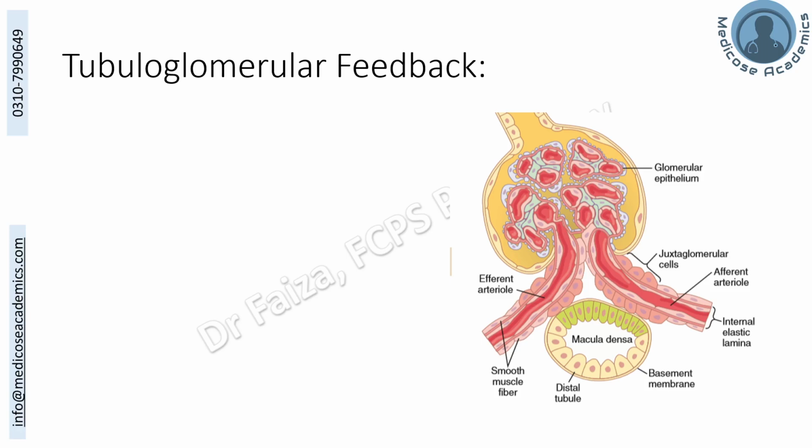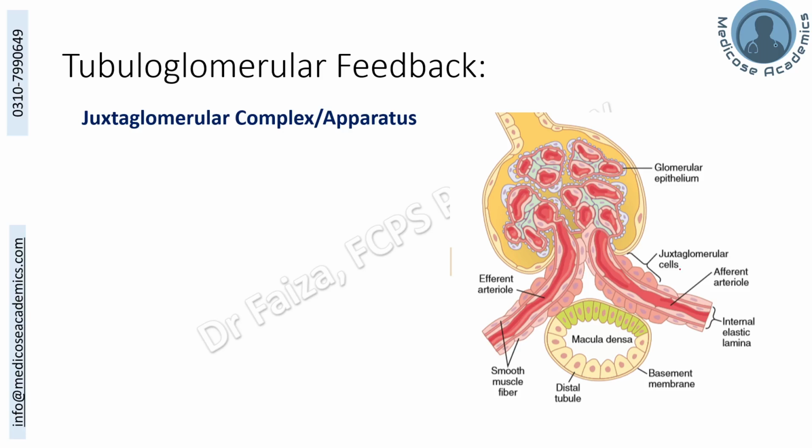For understanding the tubuloglomerular feedback, we need to see the necessary machinery required for it, which is known as the juxtaglomerular complex or apparatus. Juxtaglomerular means close to the glomerulus.